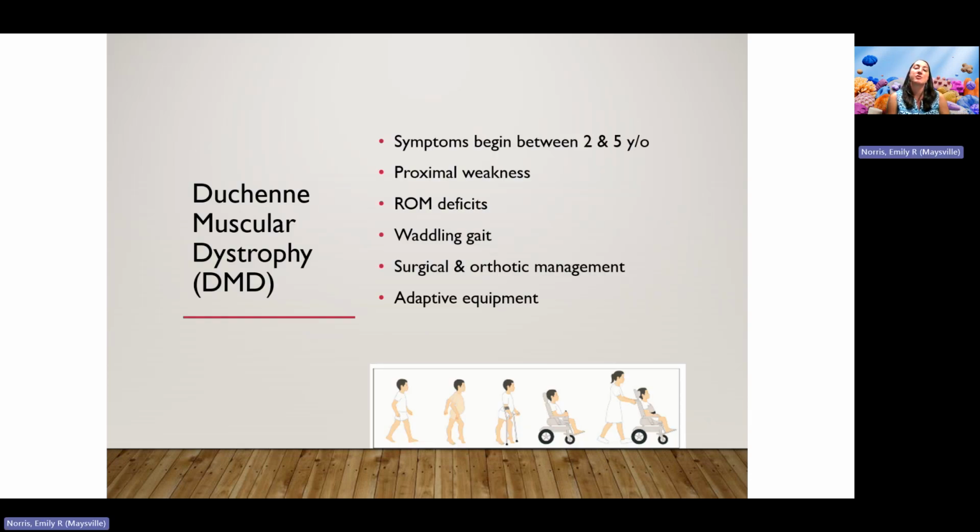Duchenne muscular dystrophy, symptoms typically begin between ages 2 and 5. It's a progressive disorder. It's caused by the absence of the gene that is required to produce proteins that help build your muscle. So the proteins that you aren't able to produce with this are dystrophin and nebulin.